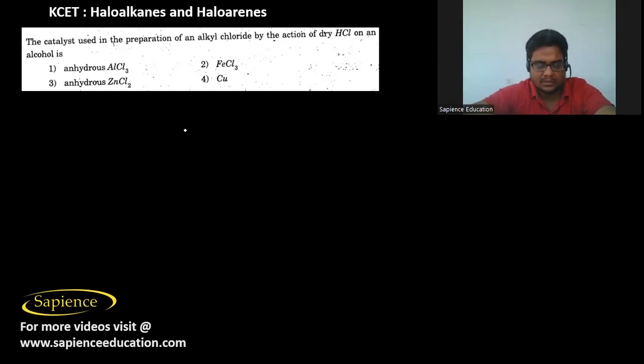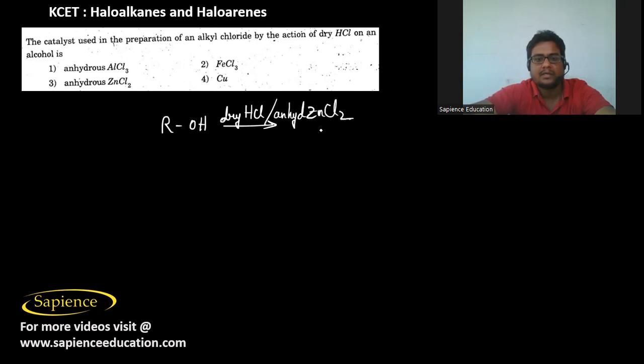Here the catalyst used in the preparation of an alkyl chloride will be anhydrous ZnCl2, since when an alcohol reacts with dry HCl in the presence of anhydrous zinc chloride, ZnCl2, then it will form alkyl chloride.